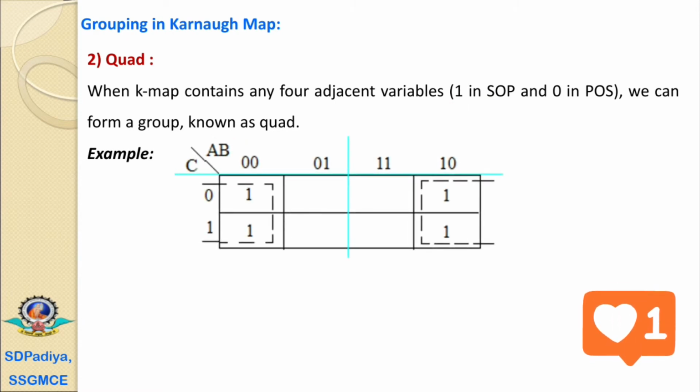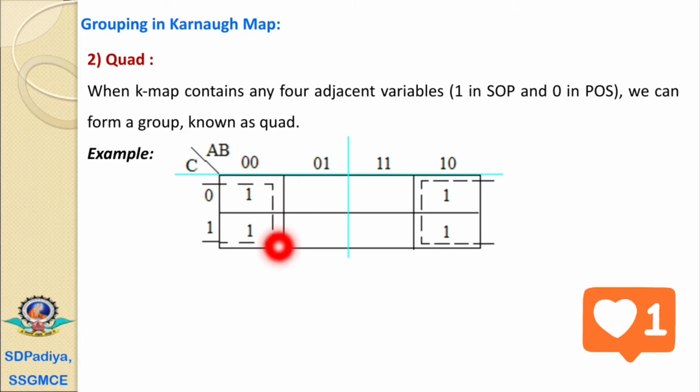Suppose we have this example with the 8-cell K-map, and in these 8 cells, in these 2 positions we have 1, 1, and in these 2 positions we have 1, 1, that is in the first column and the last column. Now as per our third rule, we have seen that the extreme rows and the extreme columns, that is the first column and the last column, we have to consider as adjacent.